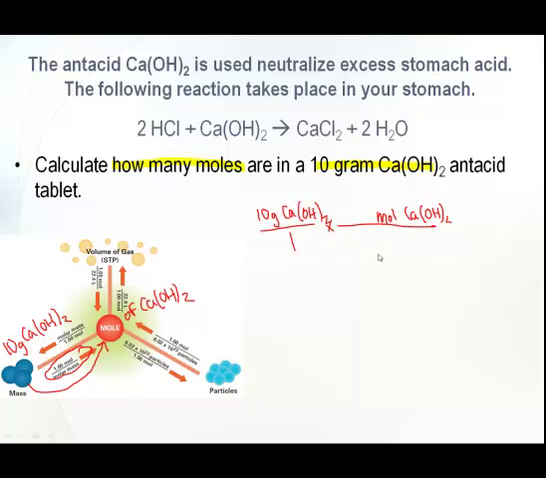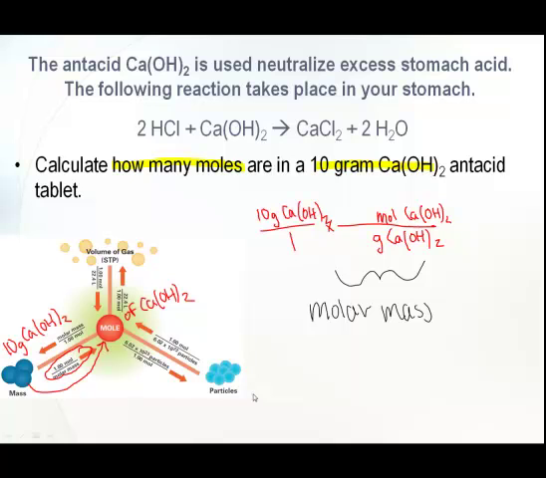On bottom, I'm going to put what I'm trying to cancel out. In this case, I'm trying to get rid of grams of calcium hydroxide. So in order to solve this, I've got units of grams and mole. Anytime we have grams and mole together, we call that molar mass, which we know is the mass of 1 mole of that substance.